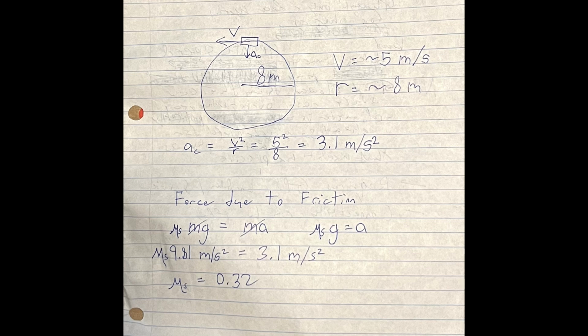So, then divide both sides by 9.81 meters per second squared to get mu s on its own, and we get a final coefficient of friction of 0.32. Note that it is static friction, not kinetic, as the tires are rolling on the ground, not slipping.